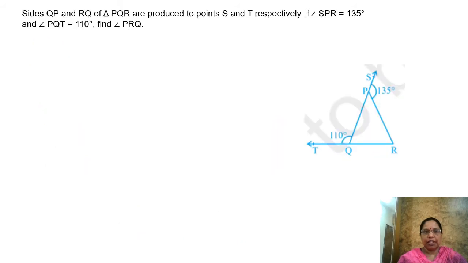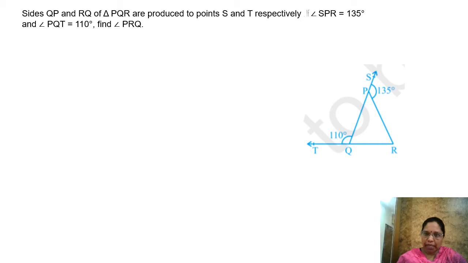Now see the question here. There is a figure given here. This is the textbook question. I have taken it from the textbook. Read the question. The question goes like this: sides QP and RQ of triangle PQR. These two sides are produced, produced means they are extended.